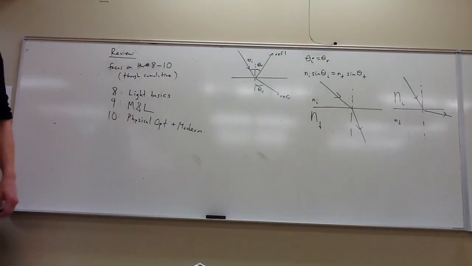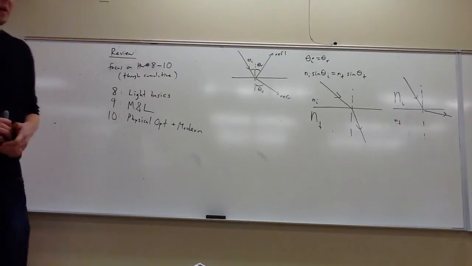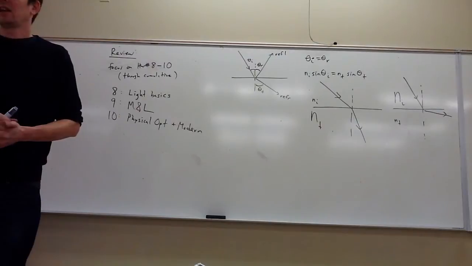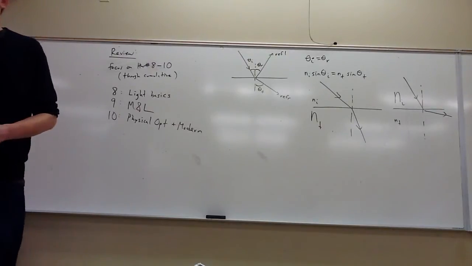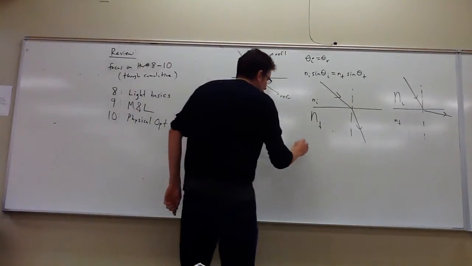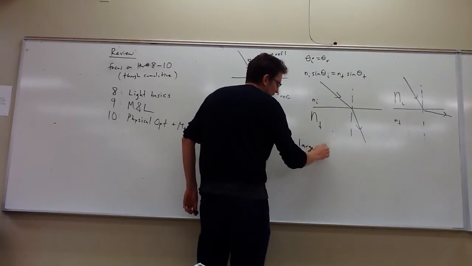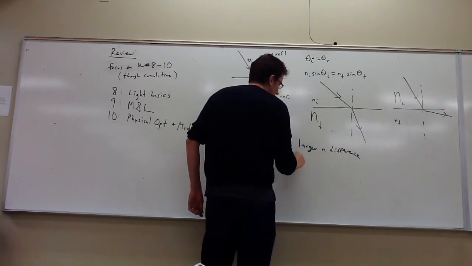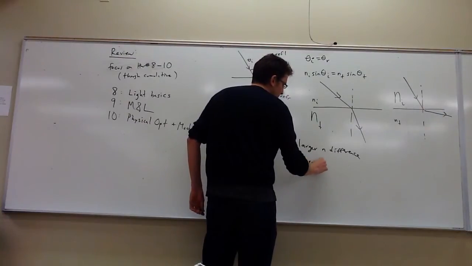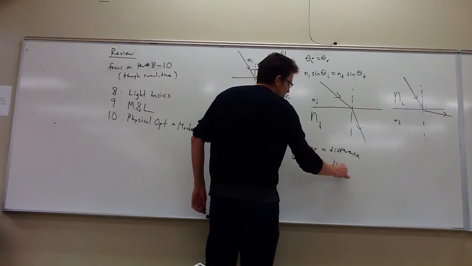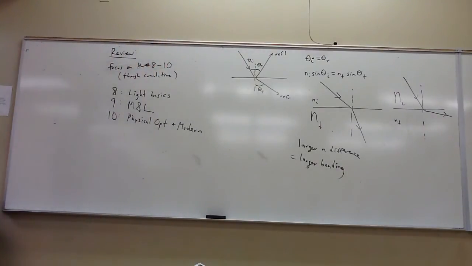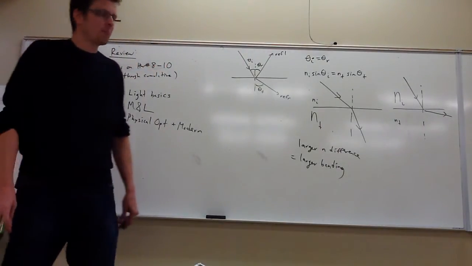Remember too that not only is it bending toward or away from the normal, but how much you bend is how different the n values are. So the larger n difference equals larger bending. If you have a stark difference in n values, that's a big bend.